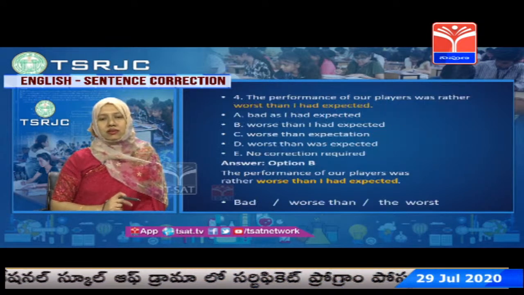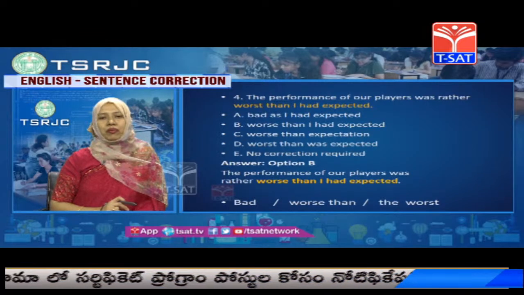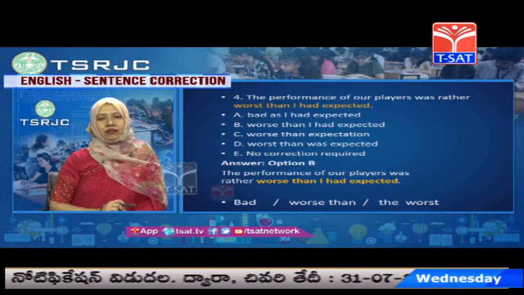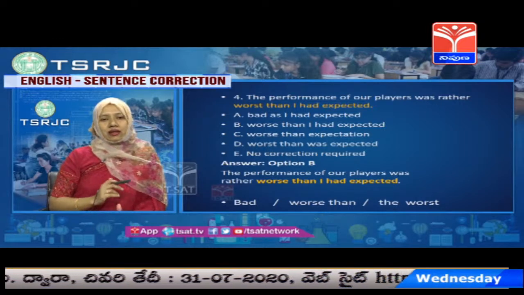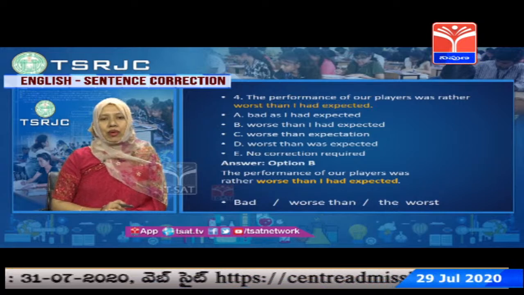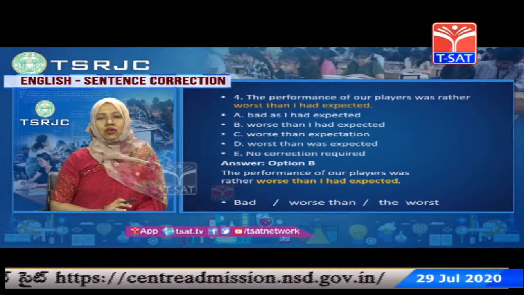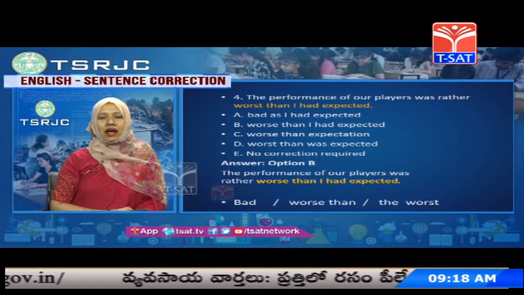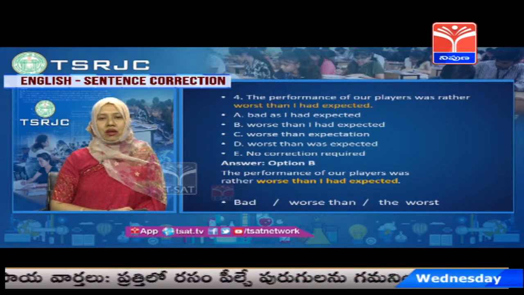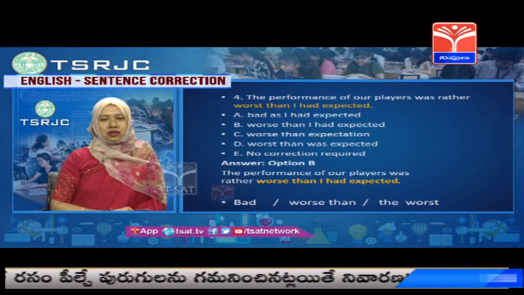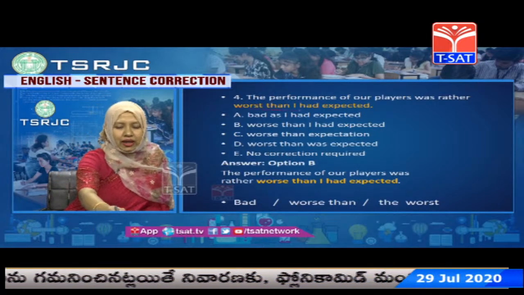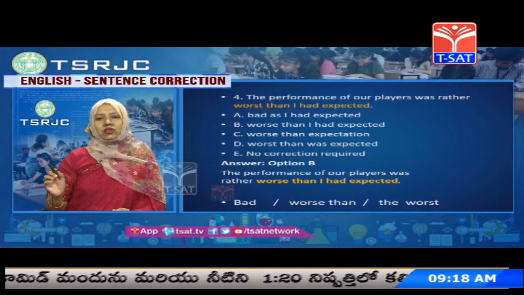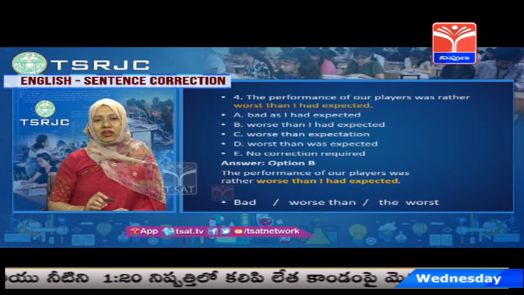Moving on to next, the performance of our players was rather worse than I had expected. Again, this sentence is based on degrees of comparison. In this sentence, the highlighted one is given. There is some mistake here. The performance of our players was rather worse than.